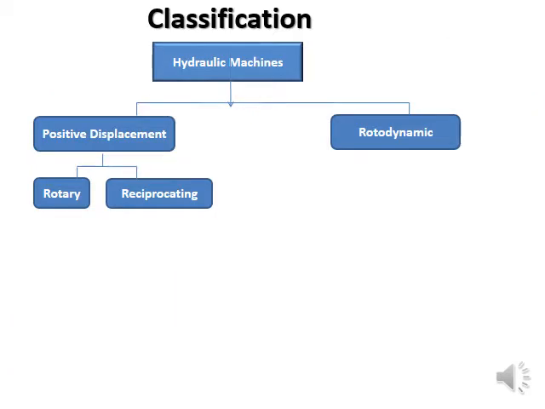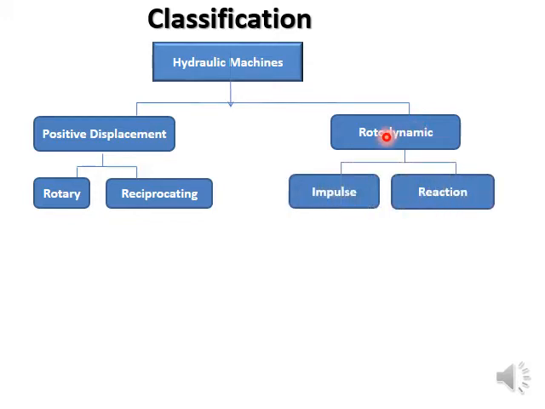Now these rotodynamic machines are also classified into two types. They are called impulse type and reaction type. So let us see the difference between these impulse type rotodynamic machines and reaction type rotodynamic machines.